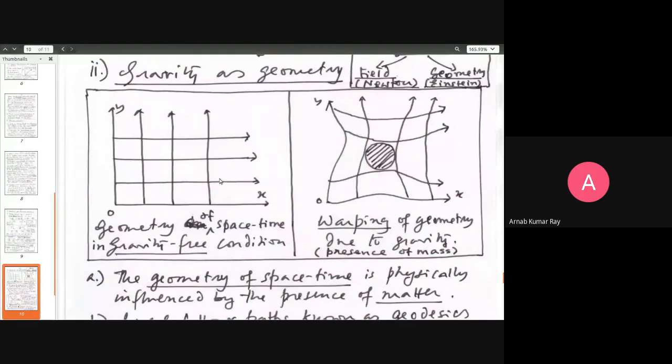Now I come along and I put a small, heavy object, let's say a cricket ball, which is denser, it packs in more matter in a certain radius than, let's say, a football.